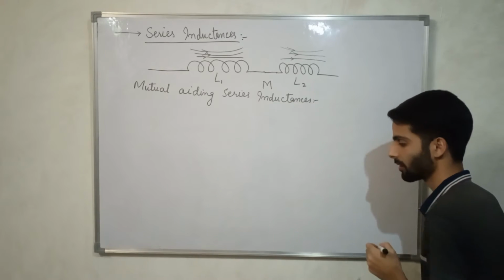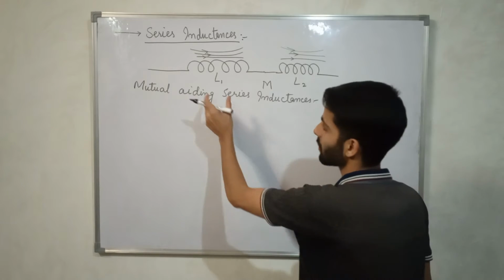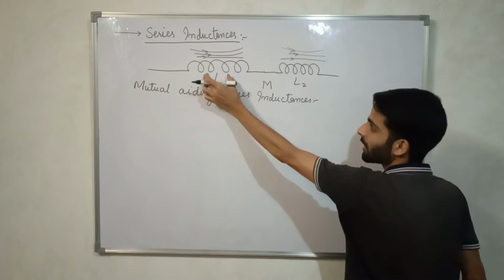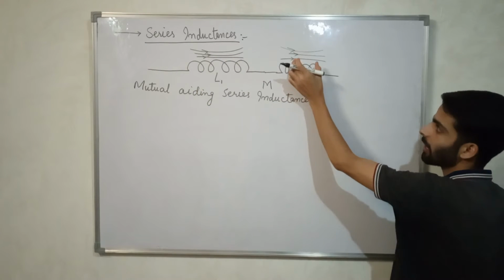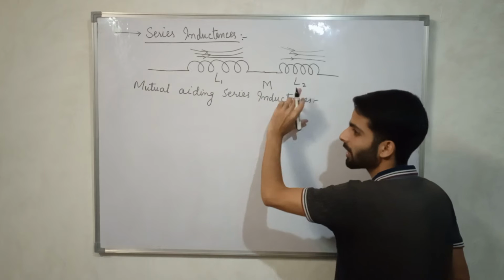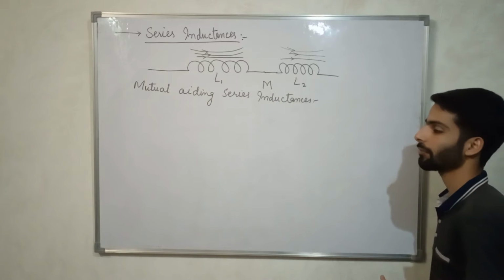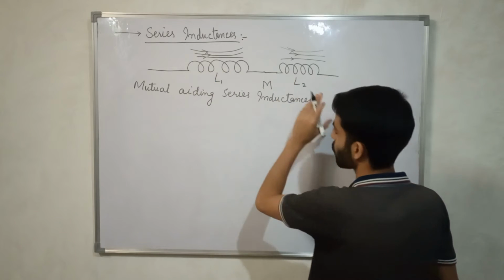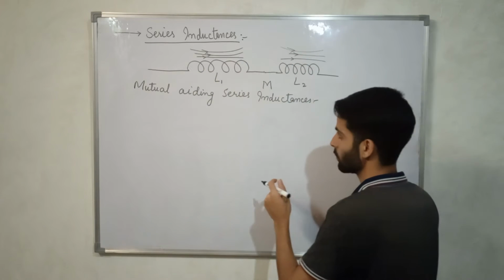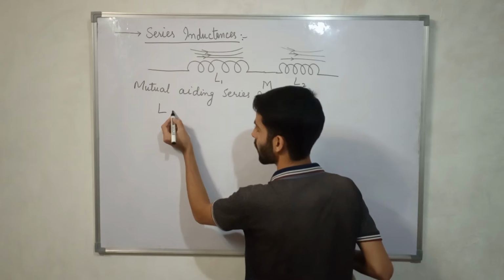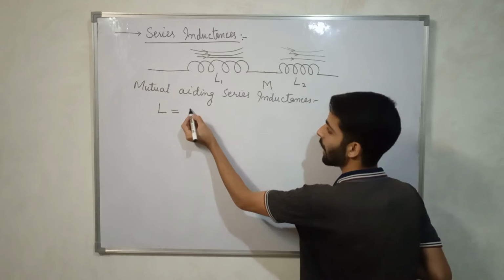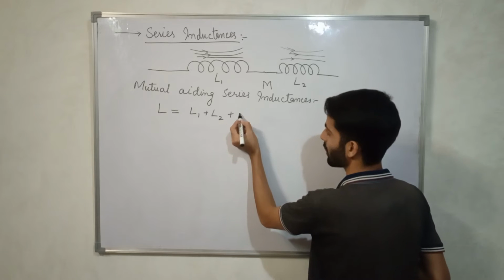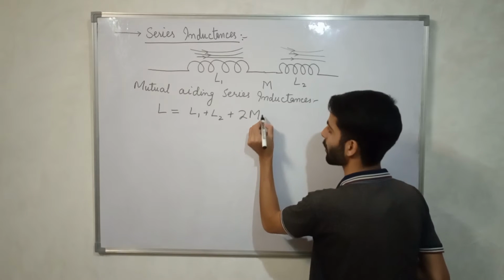In this case, friends, the total inductance made by those two, see, this one is self inductance of first one, self inductance of second one, and this one is the mutual inductance in between those two that we have already discussed. So what will be the total aggregate inductance between those two if those are the aiding connections? Then total aggregate L will be L1 plus L2 plus twice of mutual inductance between them.